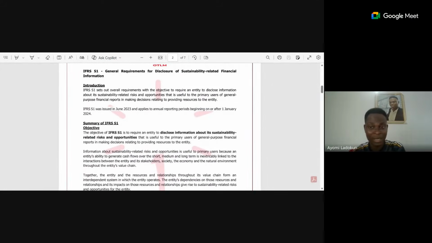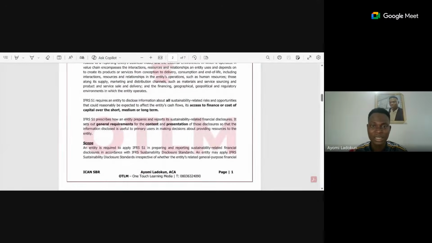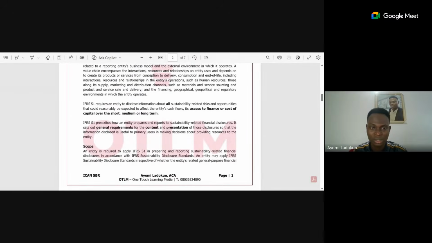What is the objective of IFRS S1? As I said, the objective is to require an entity to disclose information about sustainability risks and opportunities, or sustainability-related financial information, that is useful to primary users of general purpose financial reports, just like you have under the ISSB. So it's still the same, right? You disclose information about sustainability-related risks and opportunities.